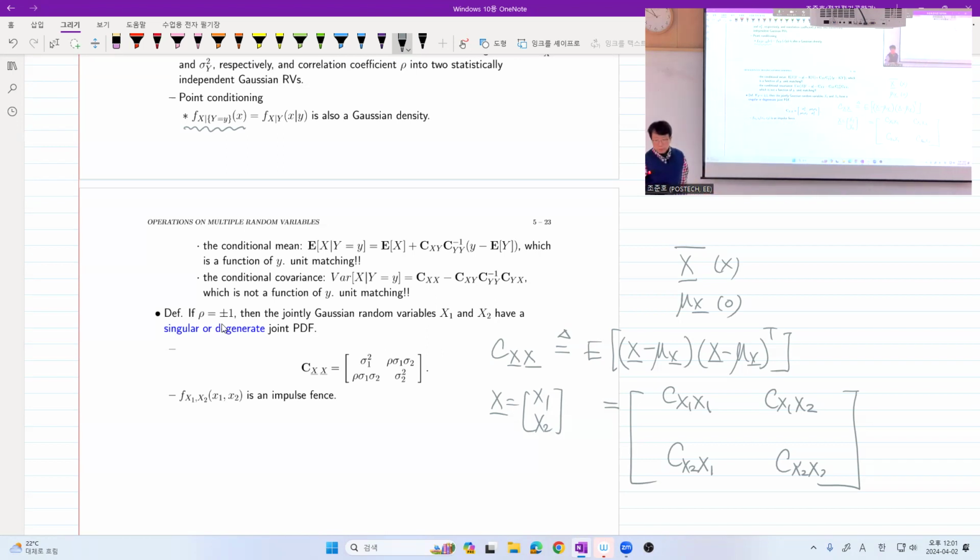And now, let me ask you, what is the determinant of this covariance matrix? From your no longer high school math, when I was a high school student, we learned 2 by 2 matrix inversion or determinant. And then you can easily see that it looks like something like what?